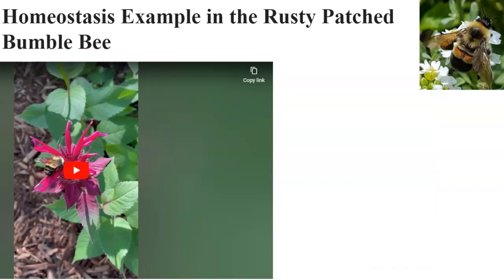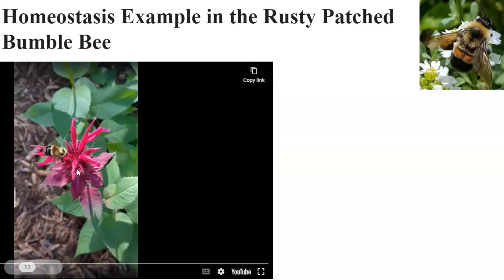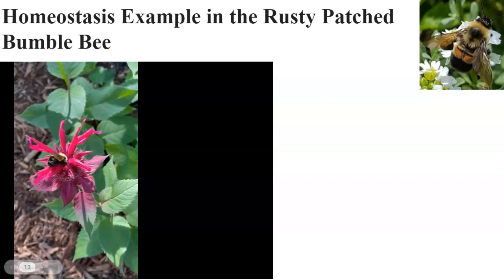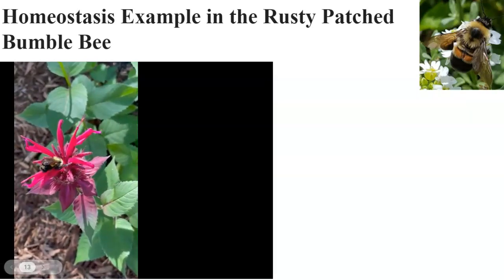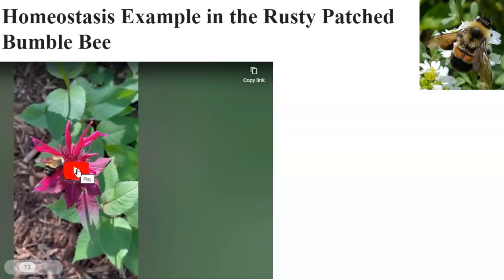And then homeostasis. So we have the rusty-patched bumblebee using antenna, taking in information about the flower, and then responding to go find that flower.